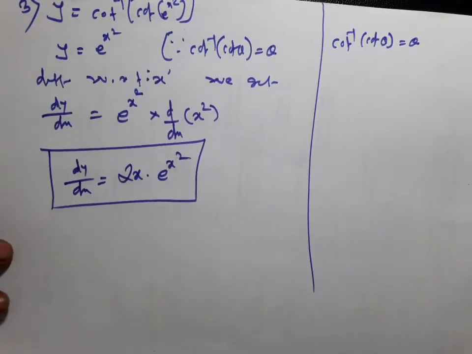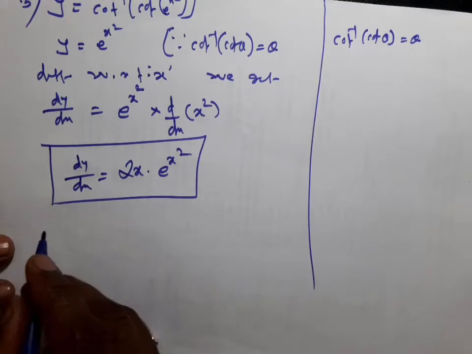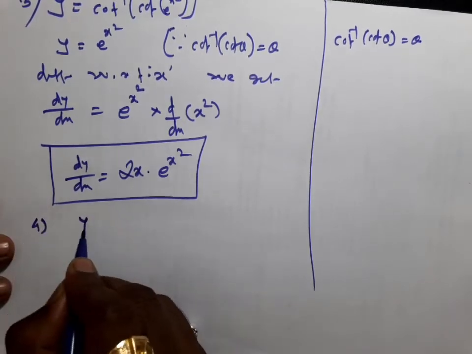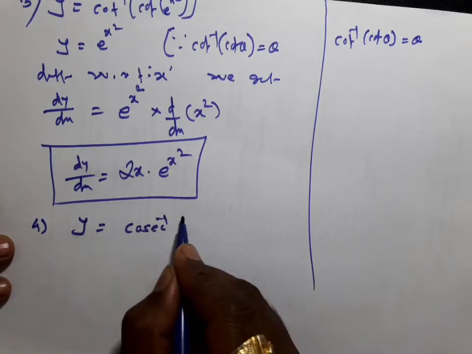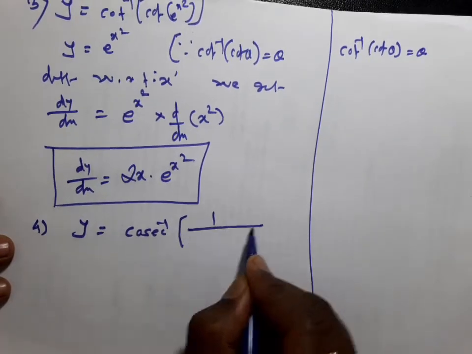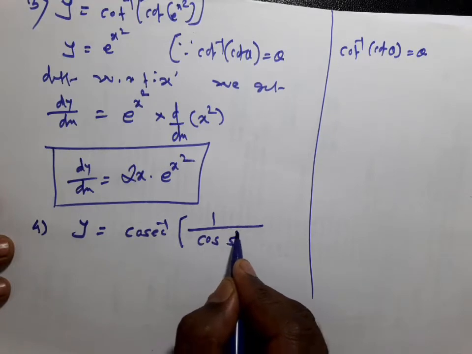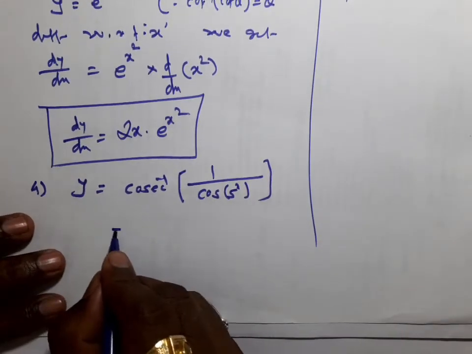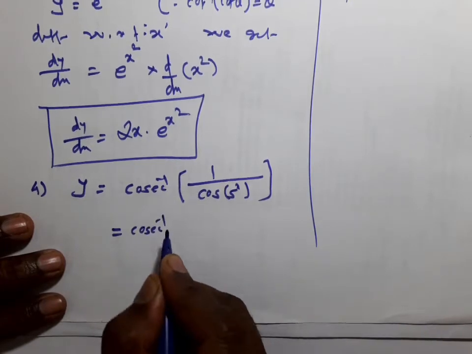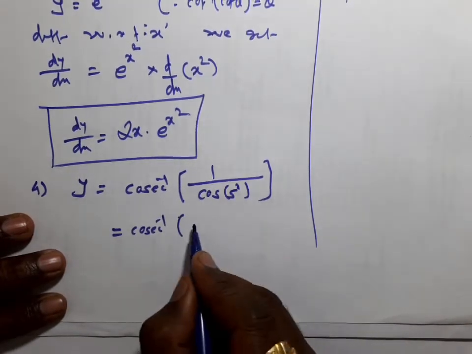Fourth, y is equal to cosec inverse 1 upon cos of pi raised to x. Cosec inverse 1 upon cos means sec.